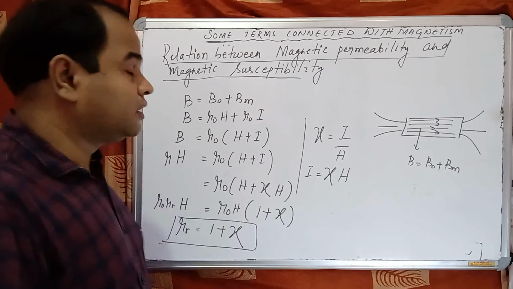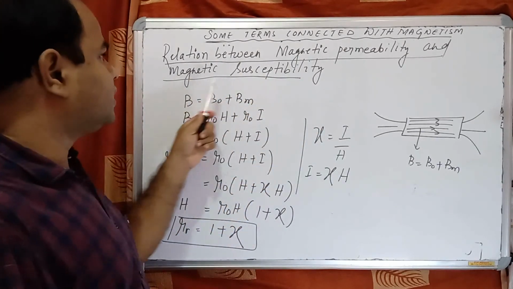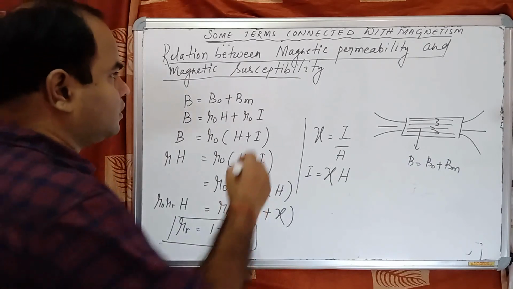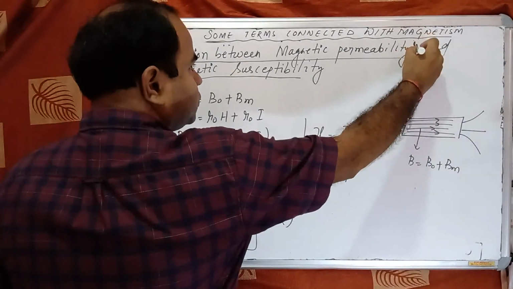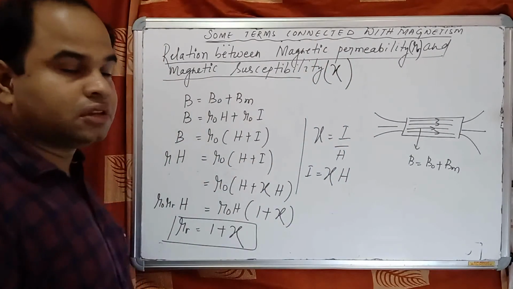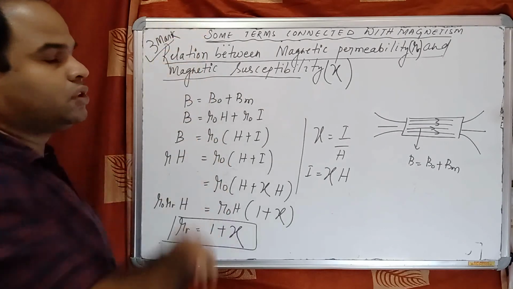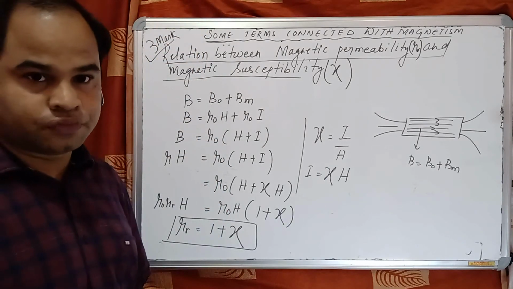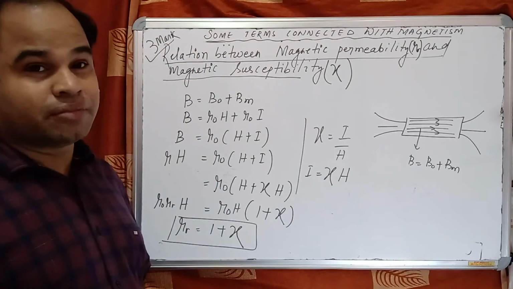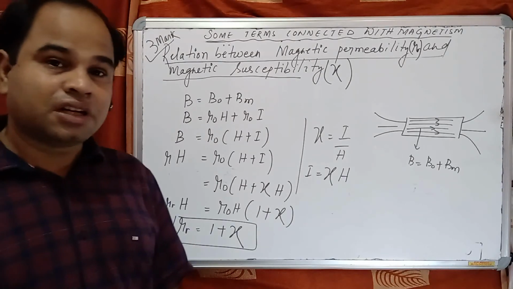Next is the relation between magnetic permeability and magnetic susceptibility, that is relative permeability mu r and susceptibility psi. It is a 3 marks question which is asked in our board exam. Let us consider a linear magnetic substance placed in the external magnetic field.